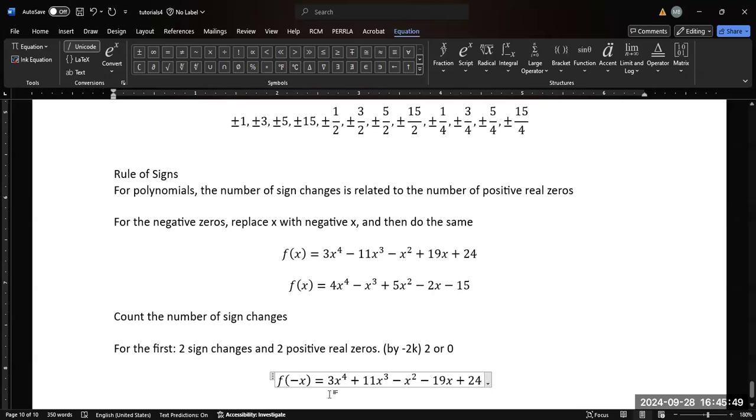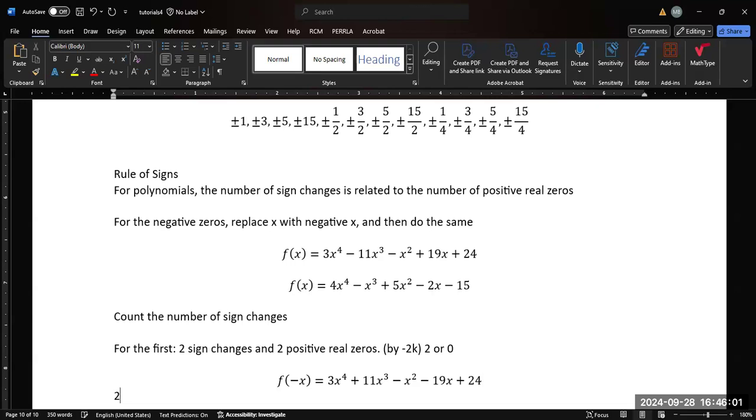So now we're going to count our sign changes. It starts positive, no change. There's one sign change, stays negative, flips a sign again. So there are also two sign changes, and so two possible negative real zeros, or less by two at a time.